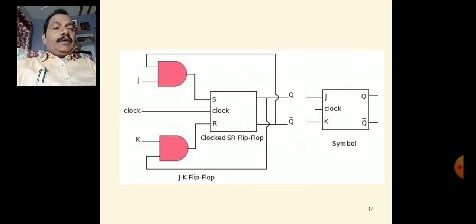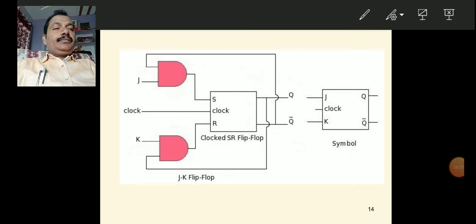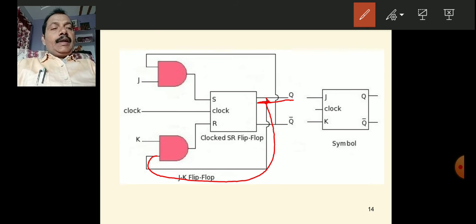Qn plus 1 is the corresponding output in the interval immediately after the nth pulse. So this is the JK flip flop using SR. A very important point you have to remember is to take the clocked SR flip flop, and feed back Q to the NAND gate, and the K input is there to this AND gate. The output of the AND gate is connected to the reset input.